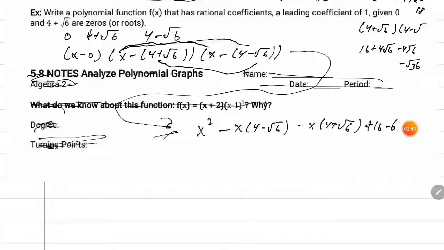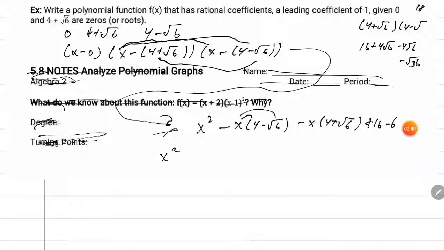Okay, so let's clean this up a little bit. x squared, and then I'm going to distribute this x here. So minus 4x plus x root 6, and then we have minus 4x minus x root 6, and then plus 12.